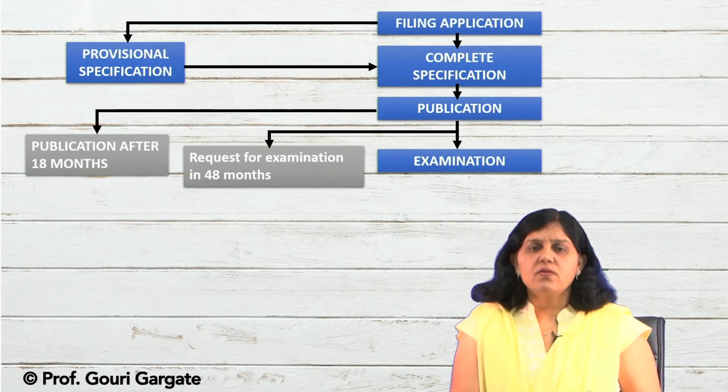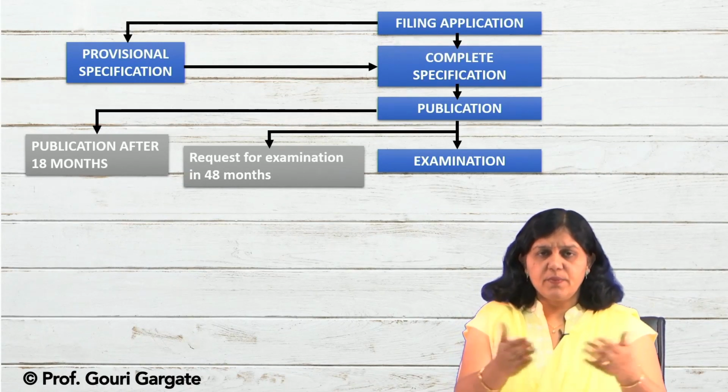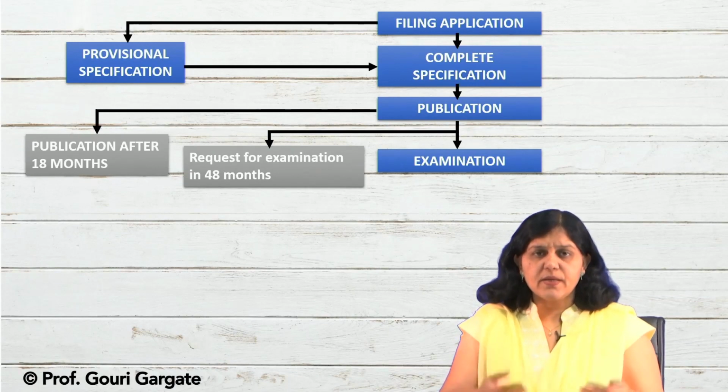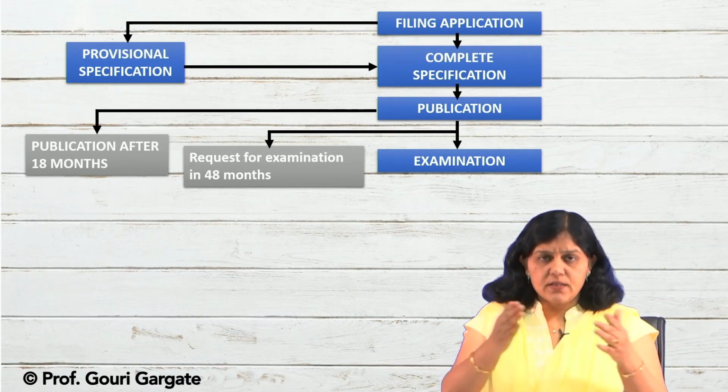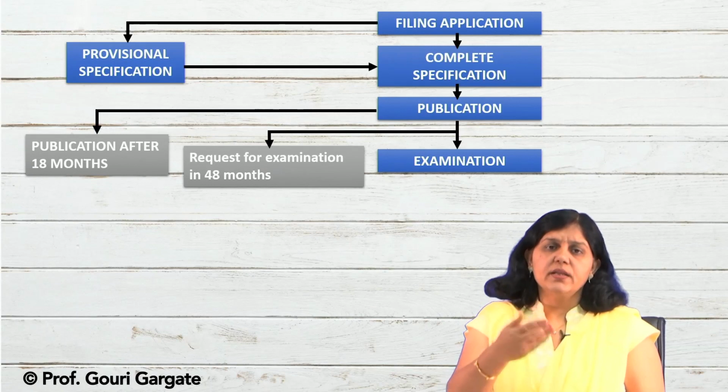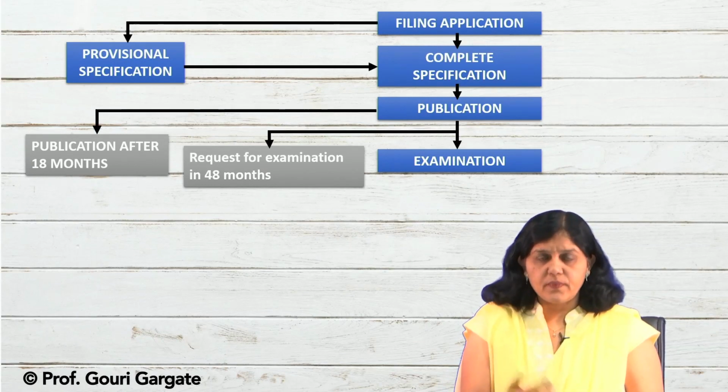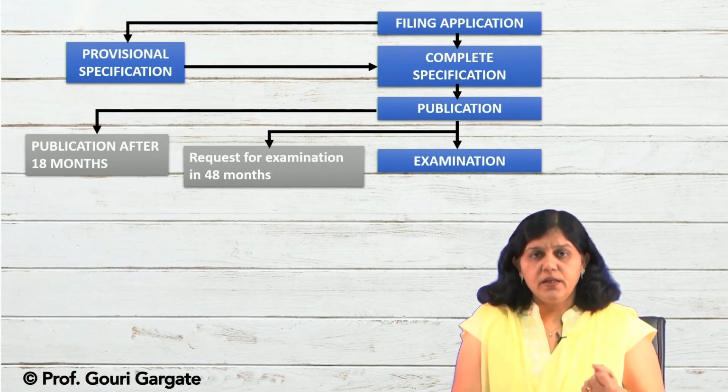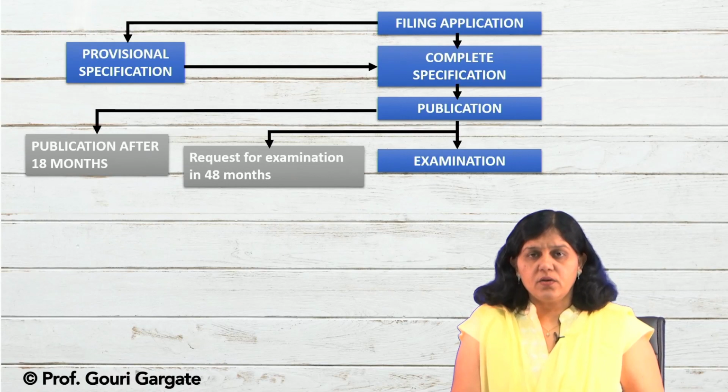There is a standard format in which you can prepare the reply, and you follow that format to give the reply to the first examination report. Here, the applicant himself can draft that reply, or he can hire an attorney or a patent agent for the drafting.